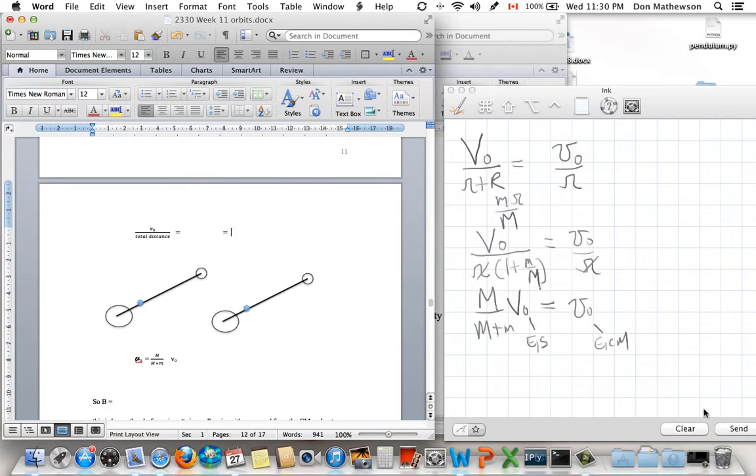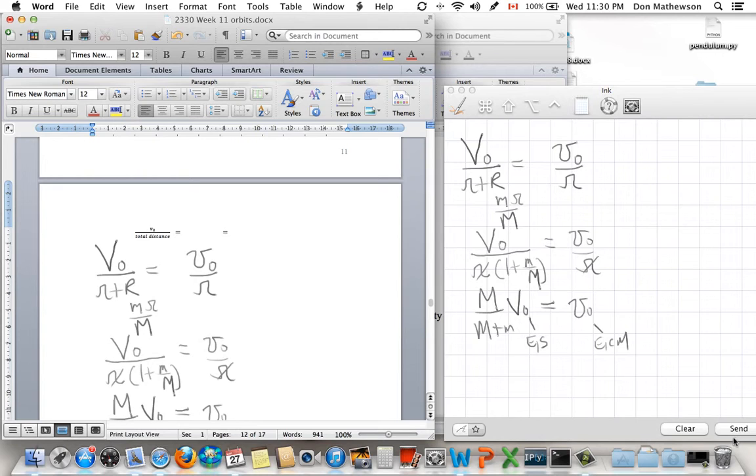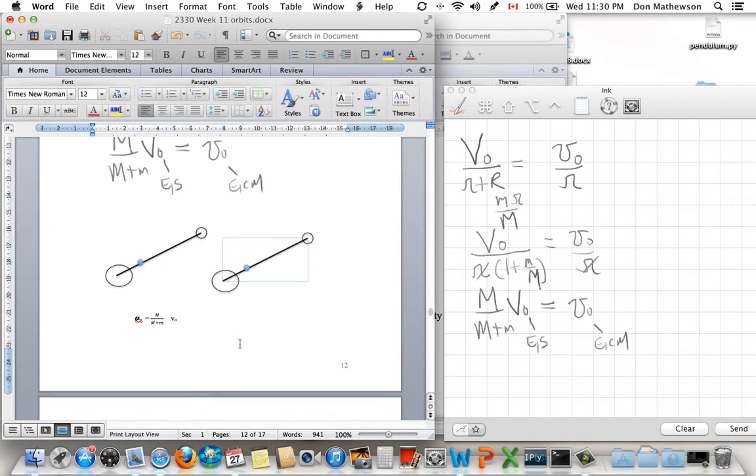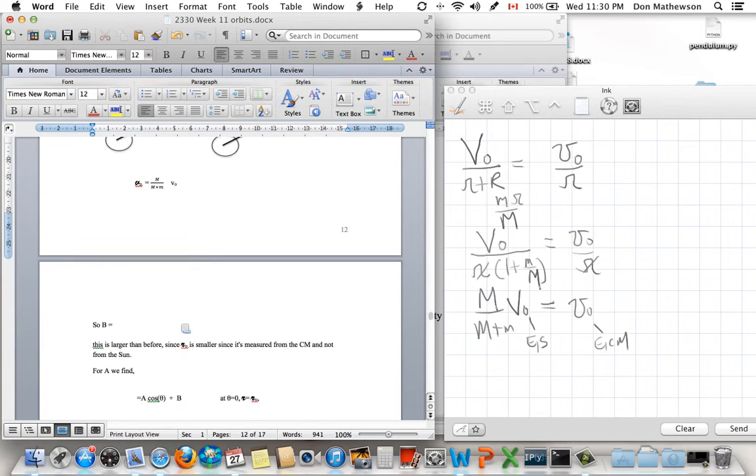And this is how we'll find the velocity of the Earth relative to its center of mass. Because, of course, what we measure is the velocity of the Earth relative to Sun. Okay, so that's how we'll boost that into center of mass coordinates.